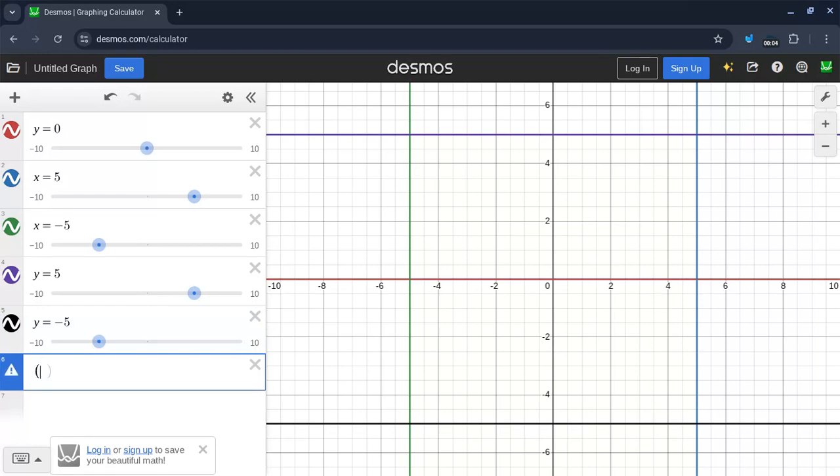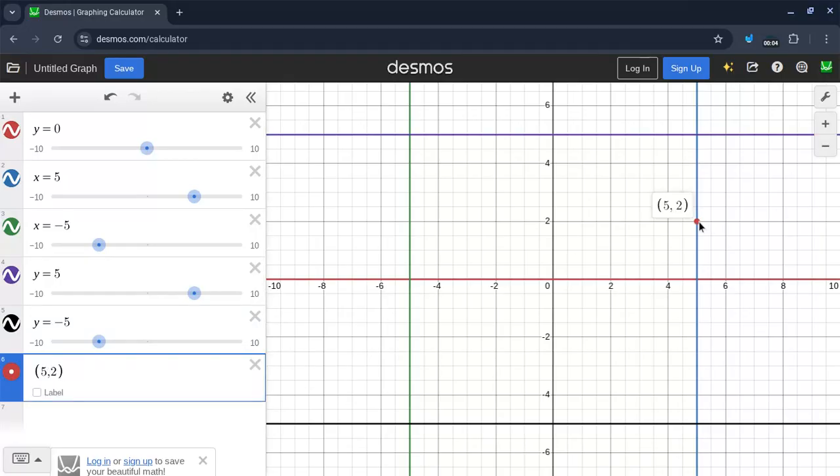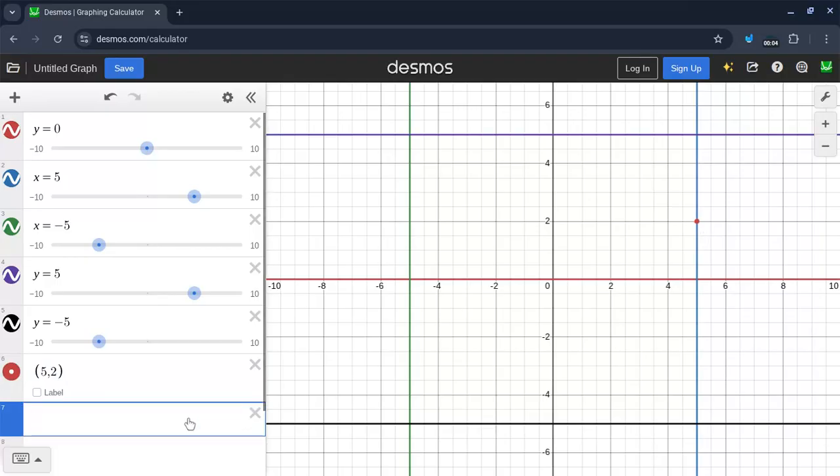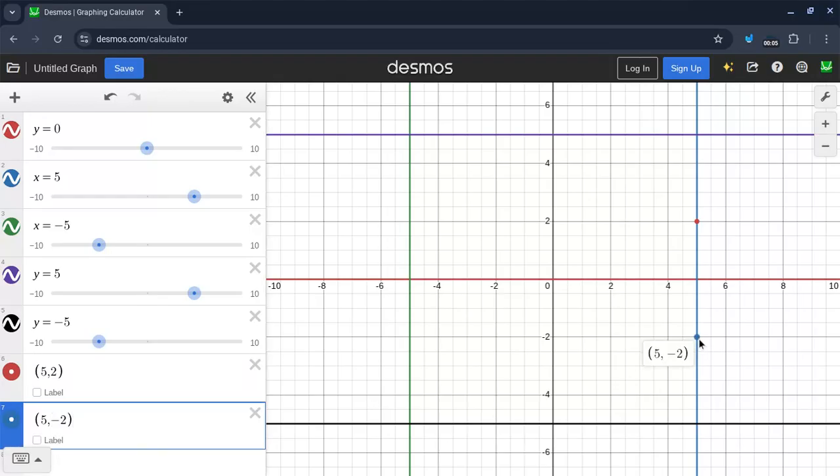I could call this (5, 2), and I put an ordered pair right there. So this point is 5 units away from the origin and 2 units up from the x-axis. I could also have (5, negative 2). This point down here also satisfies that by being 5 units away from the origin and 2 units away from the x-axis, or y equals 0.